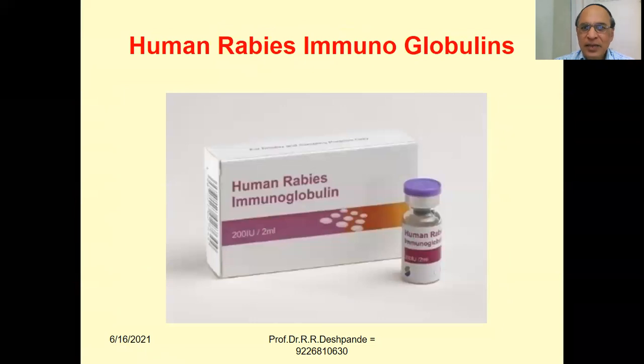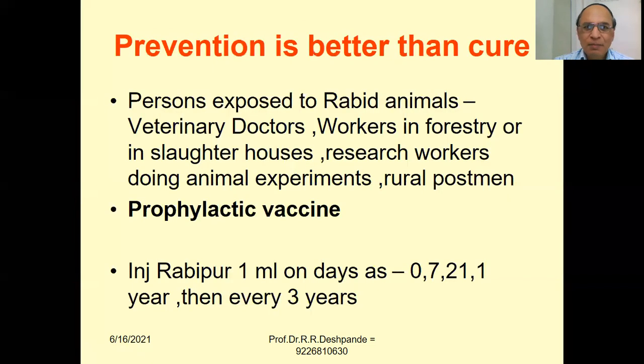Human rabies immunoglobulins. Prevention is better than cure, of course, everybody knows that. So the persons who are exposed to rabid animals, who have a possibility of exposure because they are always doing their job with animals: veterinary doctors, workers in the forest department or in slaughterhouses, research workers doing animal experiments, and rural postmen.